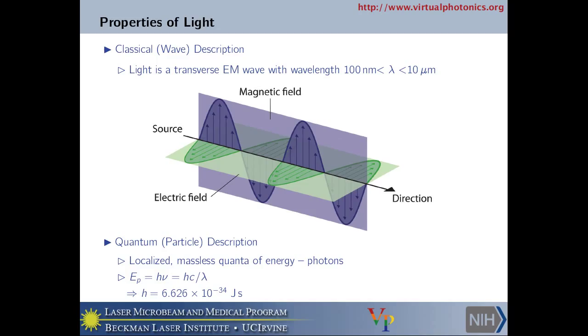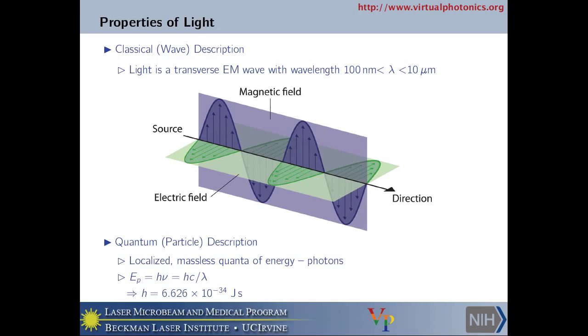So, very basic, I just want to remind all of you that there are two ways that we can model light. In the classical description, light is a transverse electromagnetic wave where the electric and magnetic fields are mutually orthogonal to each other, and both of these are mutually orthogonal to the direction of propagation. And typically, what we're interested in biomedical optics, broadly, is wavelengths roughly in the visible and near infrared, both from a therapeutic and a diagnostic point of view.